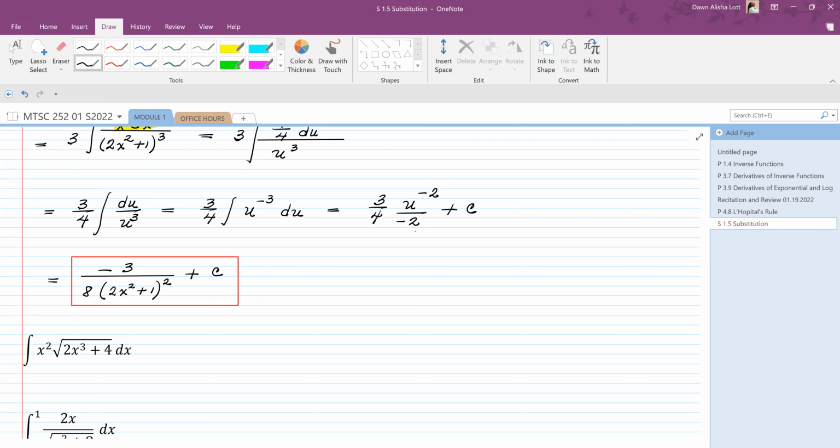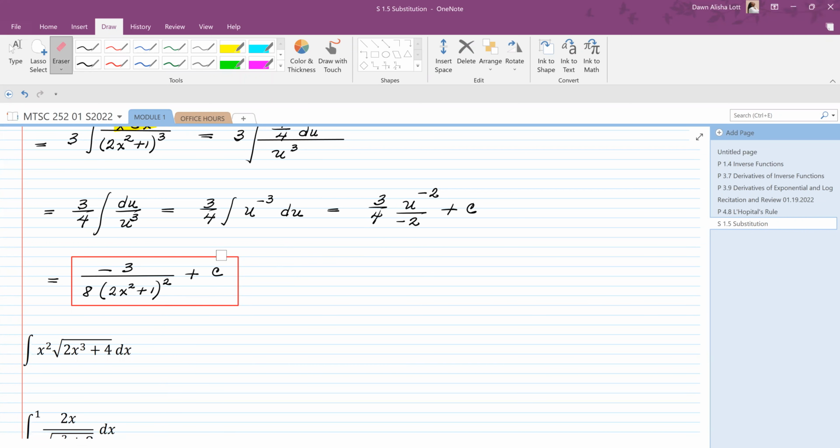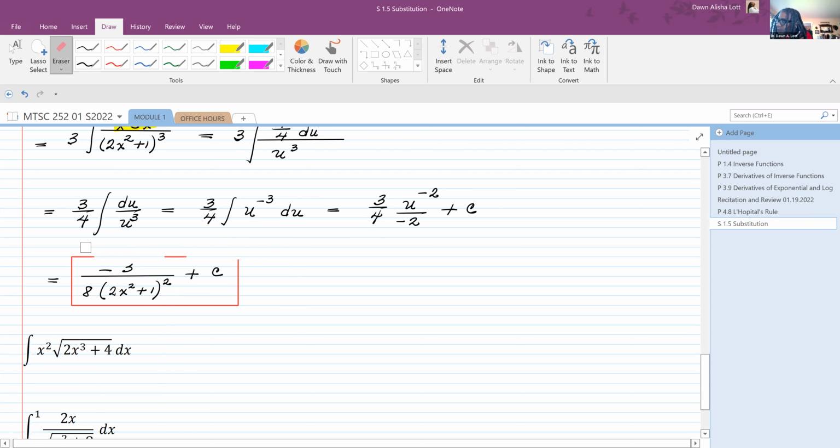Can you explain the last step again? I'm a little confused. Which last step? Just from where your mouse is to the box. From here to there? Okay, no problem. I'm going to erase this for a moment because I'm going to stick a step in.